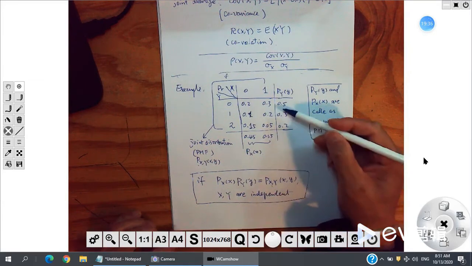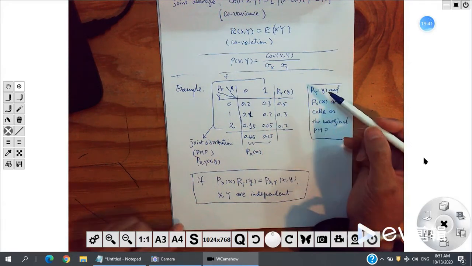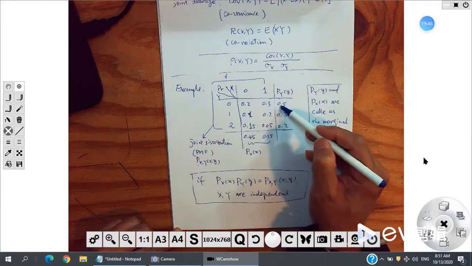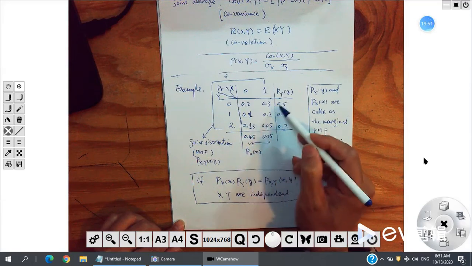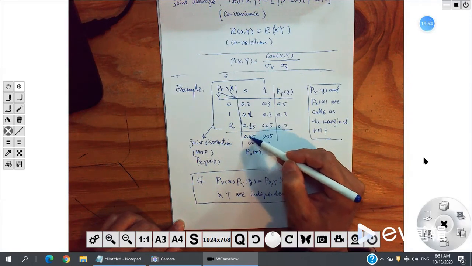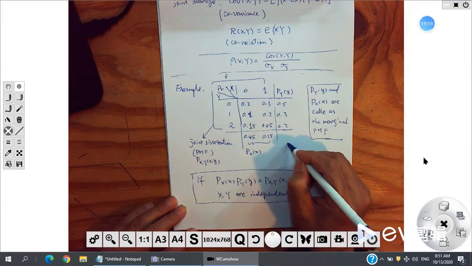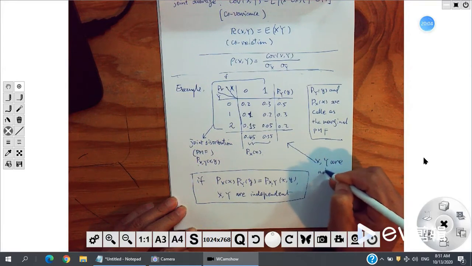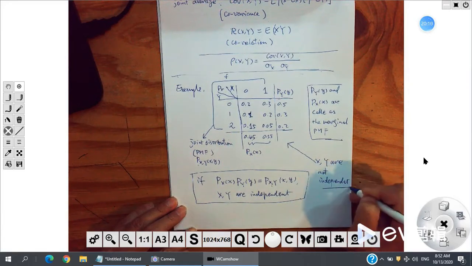We can check whether x and y are independent by multiplying these two numbers to see whether they are the same. Like here's 0.5, and this 0.45, multiplied together should be 0.225. But here it's 0.2, they're different. So here x and y are not independent.